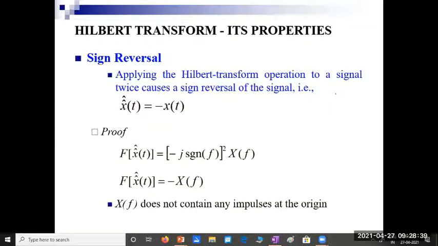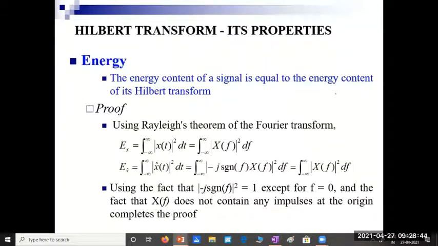The next property is energy. Please remember this, very important. The energy content of a signal is equal to the energy content of its Hilbert transform. So the energy in both the actual given signal and its Hilbert transform would be the same. For this, we can use Parseval's theorem or Rayleigh's theorem, as we call it in the Fourier transform, to find the energy of a signal.